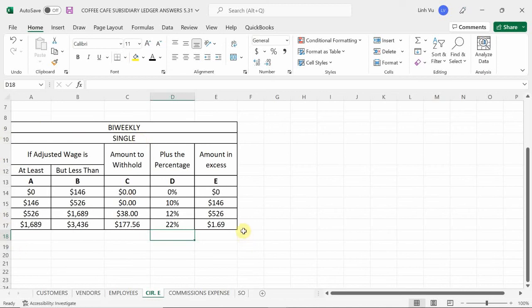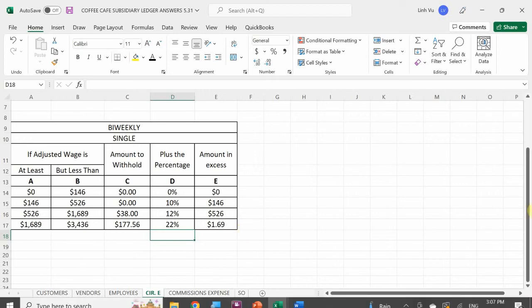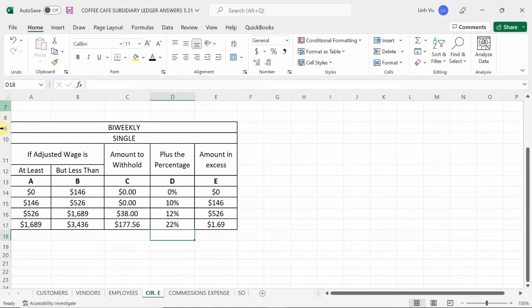She earned $800, so which bracket will she fall under? The one from $526 to $1,689, because she has definitely earned more than $526, but definitely less than $1,689.